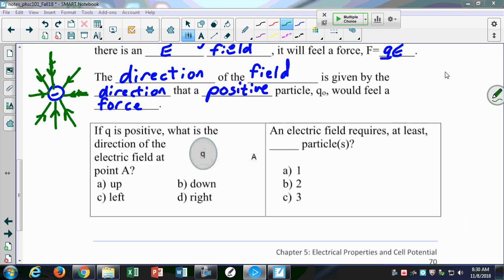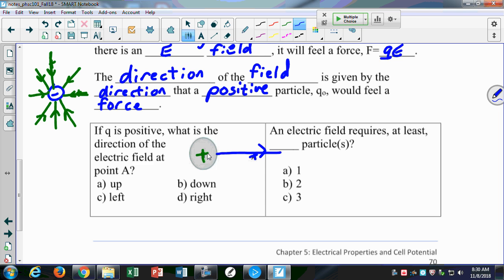If this is a positive particle, I imagine a positive test particle here, and that means the electric field will be in that direction because that positive test particle feels a repulsive force. Okay. Is that clear? Yeah. Okay, one more thing.